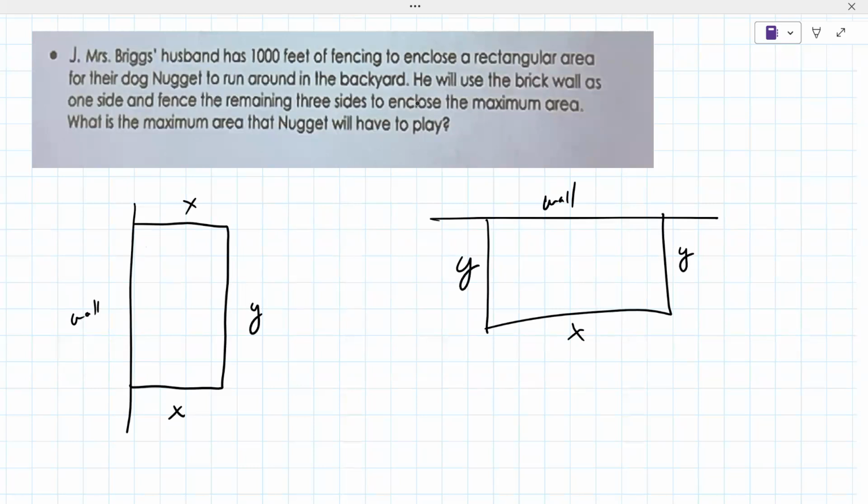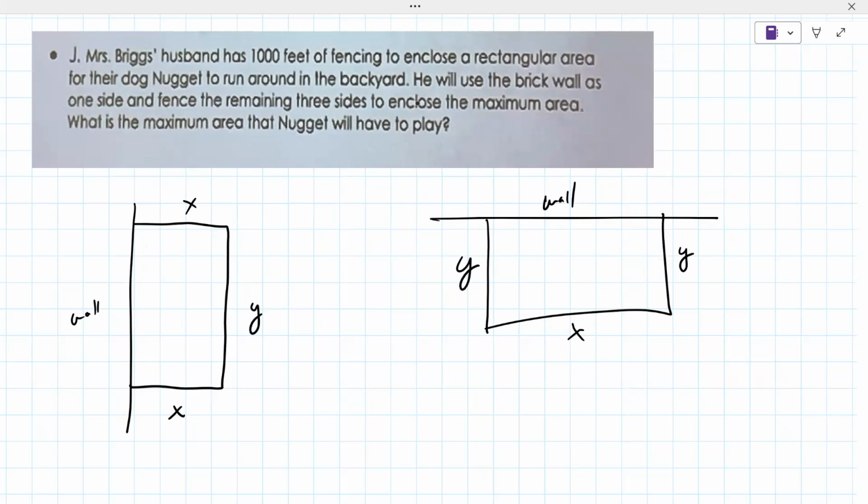So there's a wall, x, and this one has feet of fencing to enclose a rectangular area for their dog, Nuggets, to run around in the backyard. He will use the brick wall as one side of the fence and the remaining three sides to enclose the maximum area. What is the maximum area?